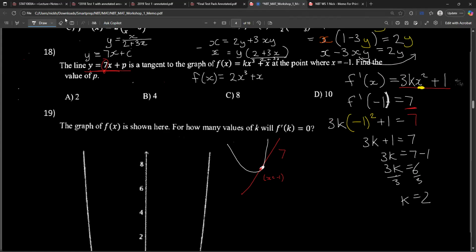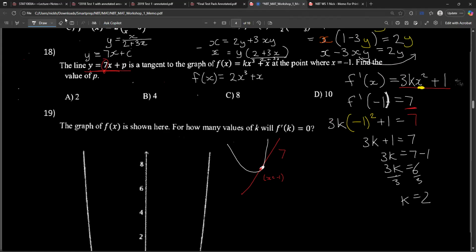And now we at least know that we can get the point, right? Because we know that this change in the graph, y equals 7x plus p, is equal to the graph at x equals minus 1.